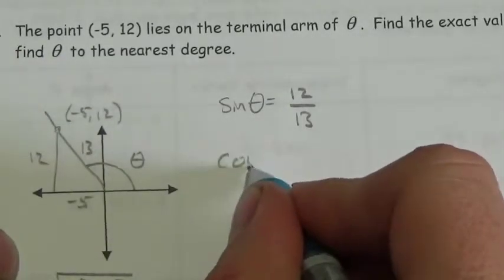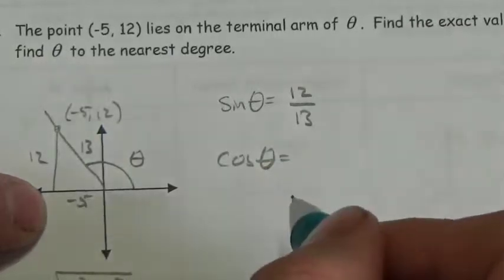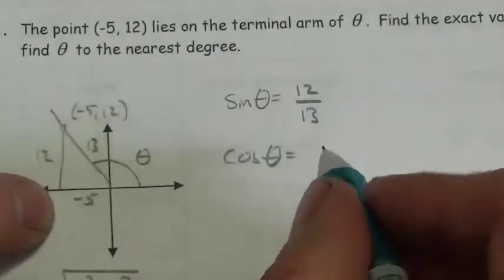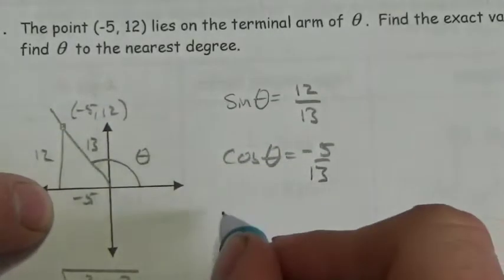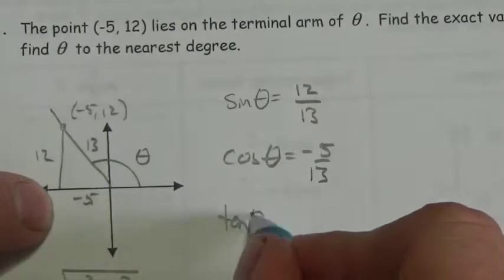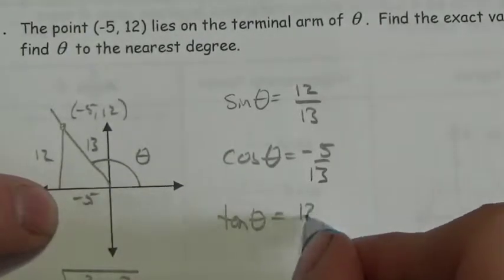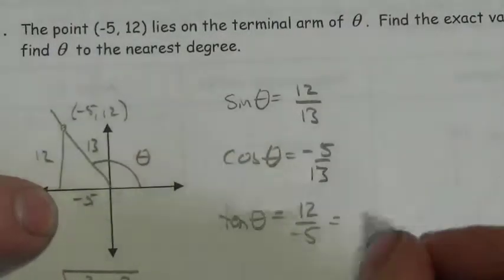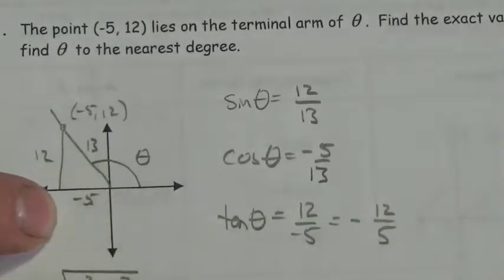The cosine of theta, and when I'm asking for the trig ratio, I want to know whether it's positive or negative, because that gives me a sense of where it's located here. -5 over 13. And the tangent here would be y over x, so 12 over -5, but we don't usually leave the negative there. Normally we'll either move it up to the numerator or put it out front, so it looks something like that.